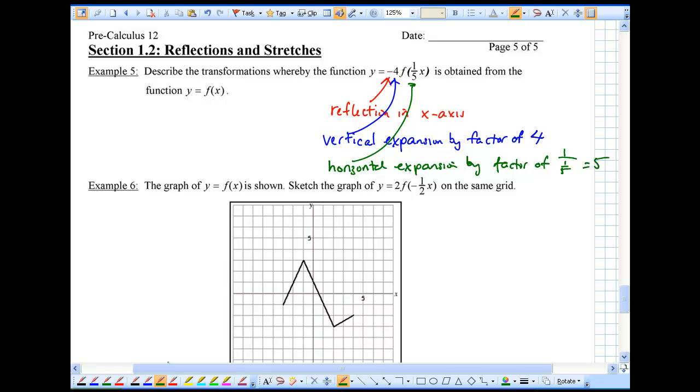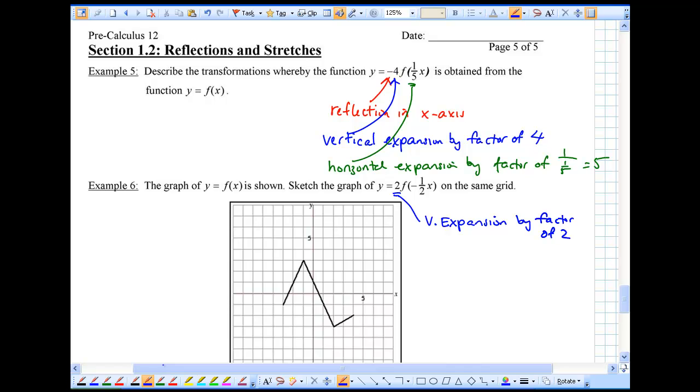And in example number 6, to sketch these things, I'd like you to list out the different things that are occurring. I see 3 separate things that are occurring. And then from there, you can sketch them out individually, or if you want to combine things together, you can. It's up to you. I see first of all this 2, and that's a vertical expansion by a factor of 2.